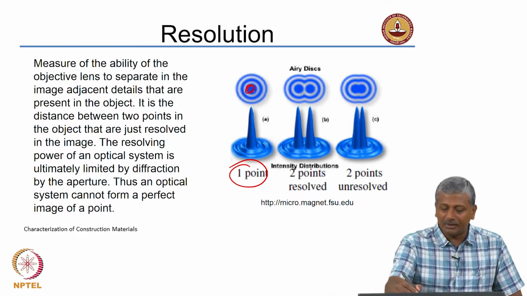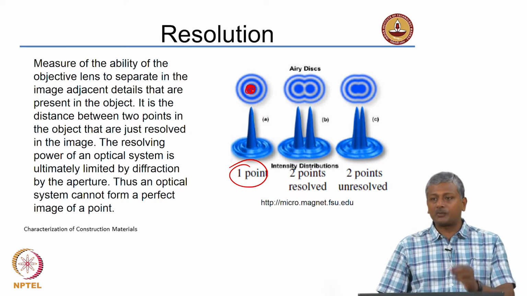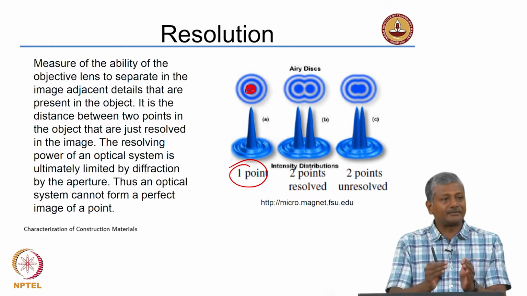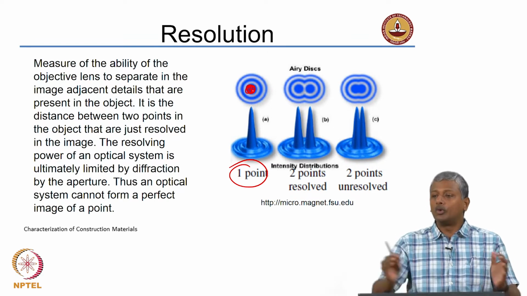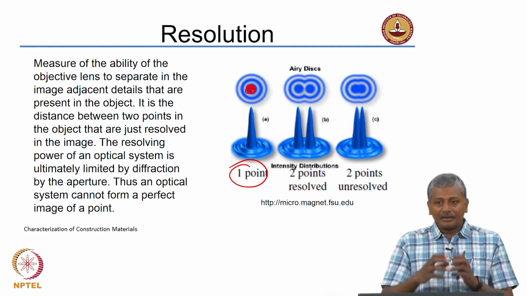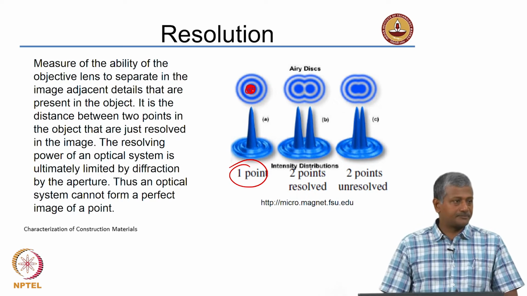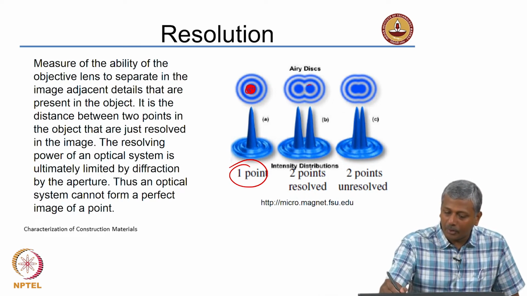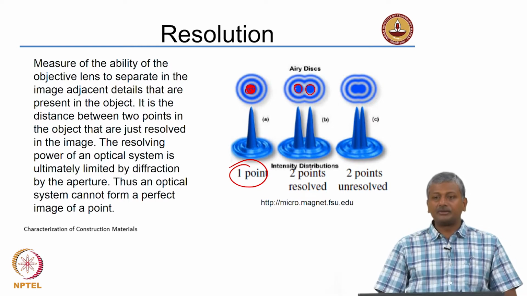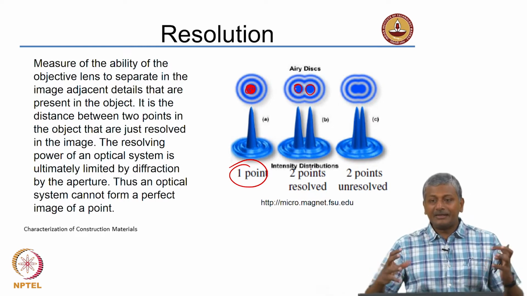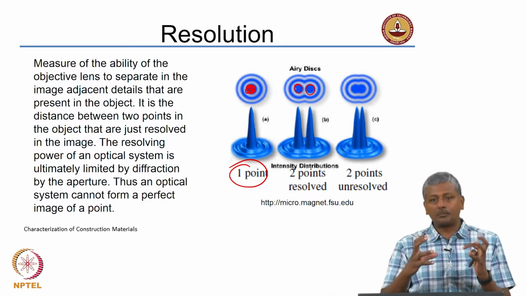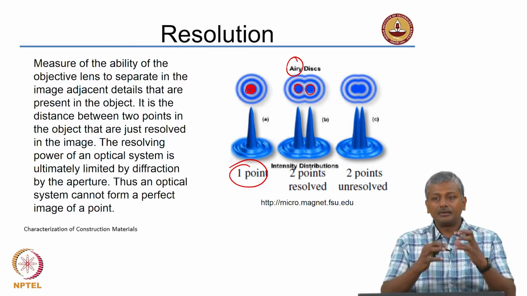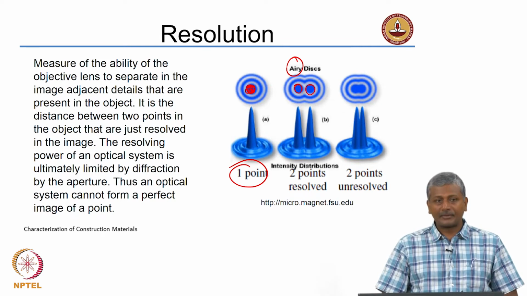You will see a central location in this point which is very dark, but because of diffraction you will see these gratings, or the halo, around that one point. Now, if you have another point close to that point which is also being imaged, the disc of confusion around that point, or the airy disc as it is called, will overlap.